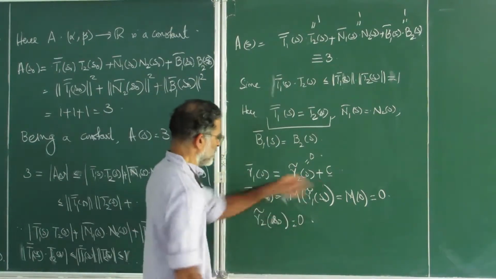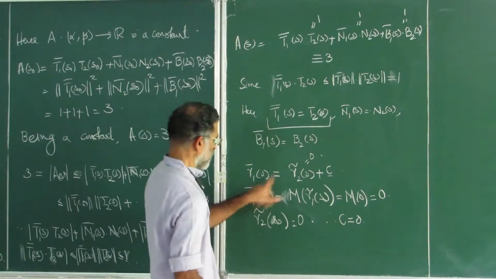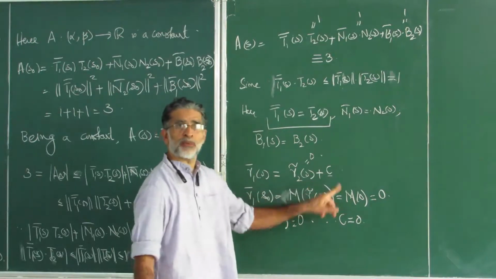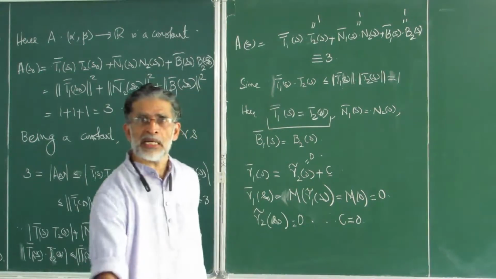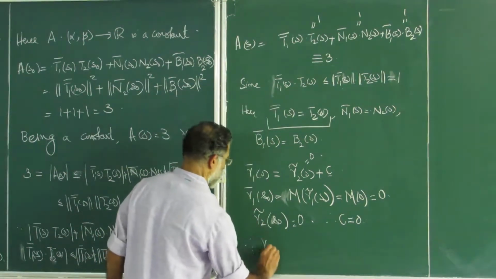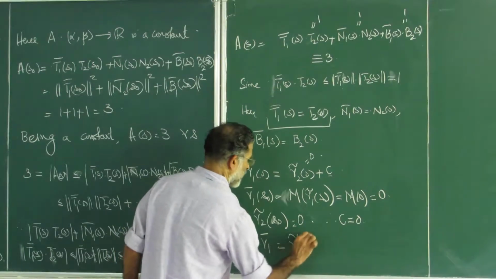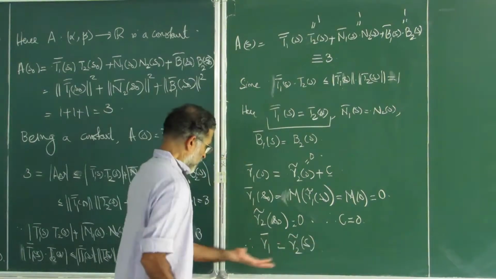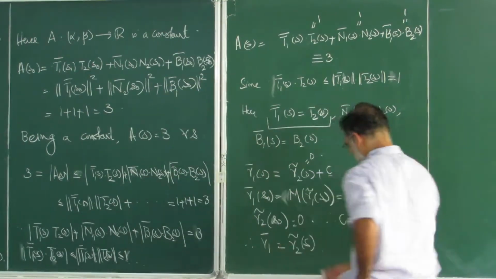So that means, hence, this is 0 at S0, this is 0 at S0, therefore C has to be 0. C is a constant; somewhere you evaluate the initial condition, 0. So therefore, gamma 1 bar is equal to gamma 2 tilde S. Now, if you want to get everything into a very neat form, we can write it.